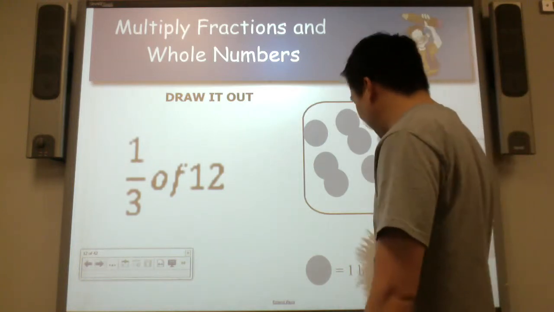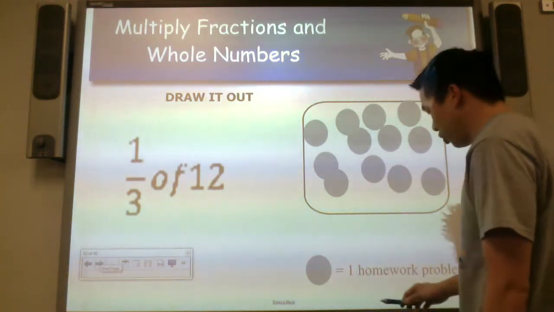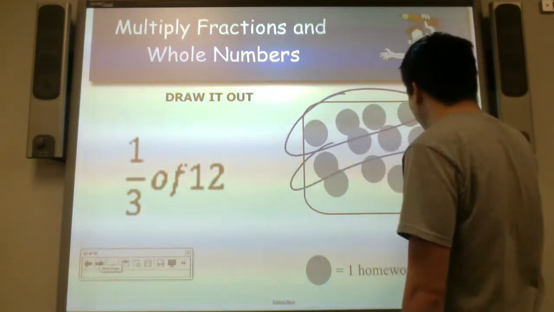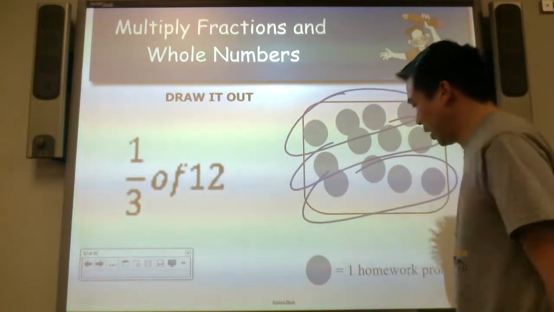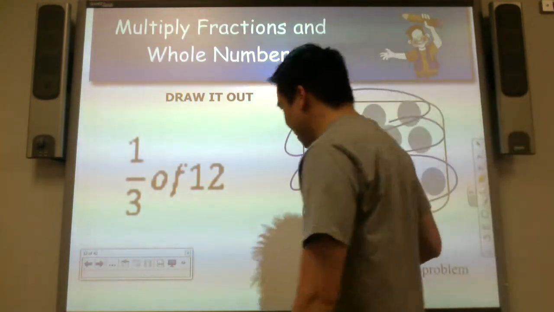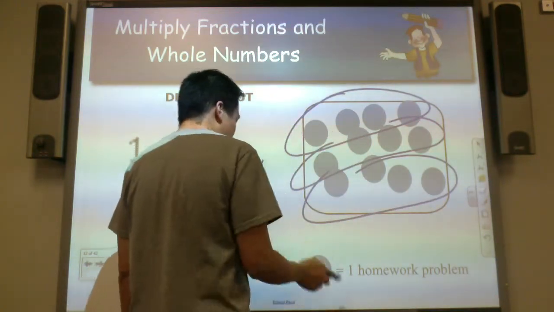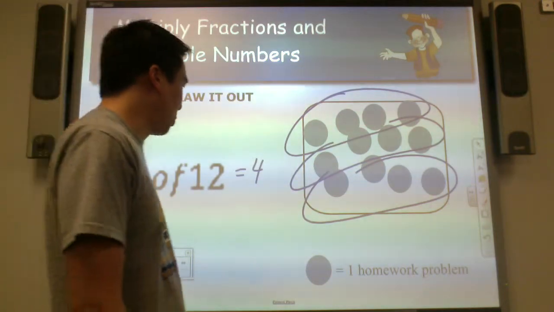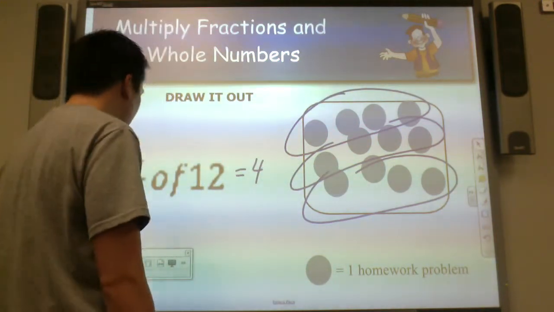That means I want to divide this into thirds, into 3 groups. This is a third, this is a third, this is a third. How many pieces are in each group? 4 pieces. So the answer is 4. So 1/3 of 12 homework problems is 4 problems.